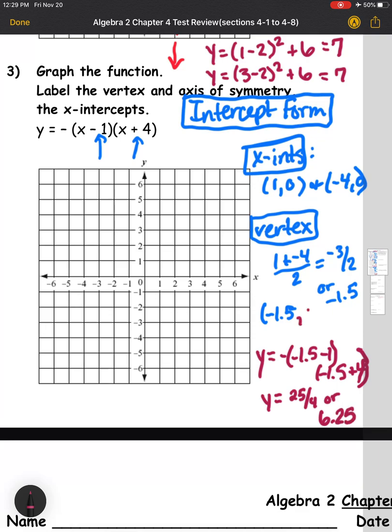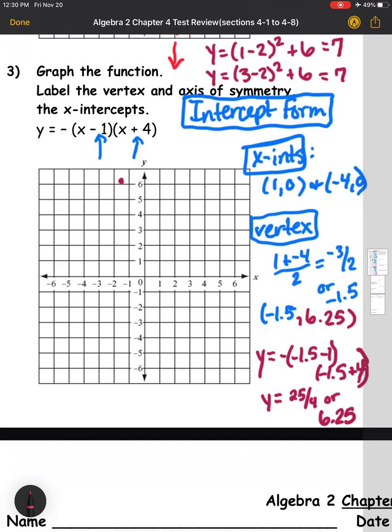I'm just going to leave it as a decimal again because it's kind of easier to graph. So -1.5 and 6.25. So let me try to graph that first. -1.5 and then 6 1/4. Probably up in here somewhere.